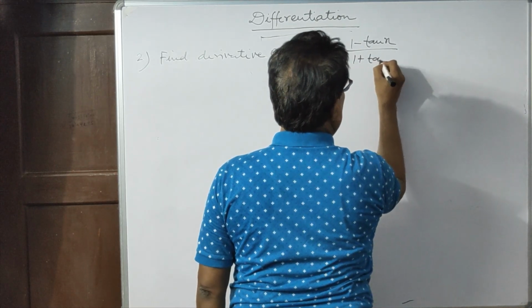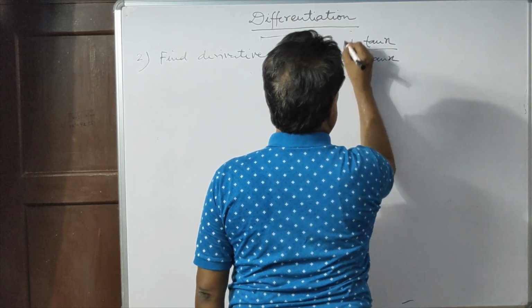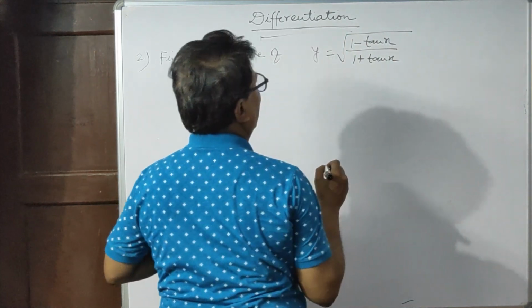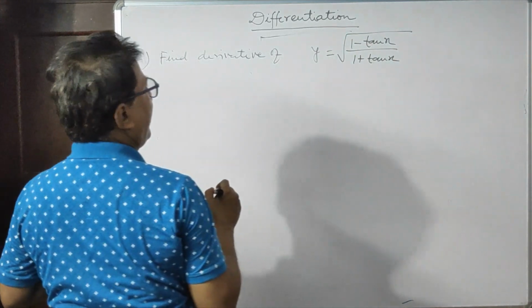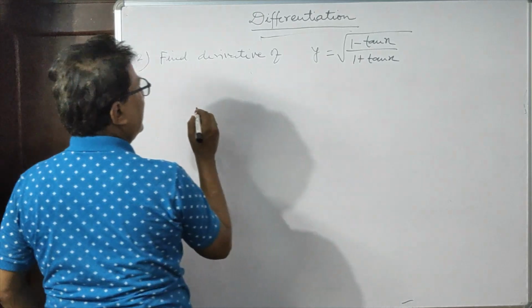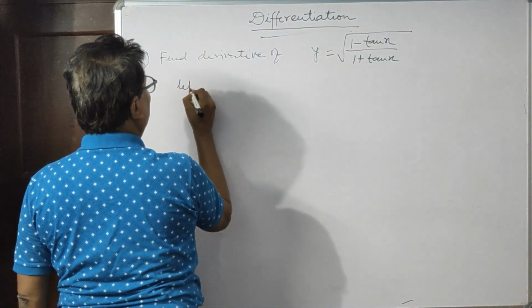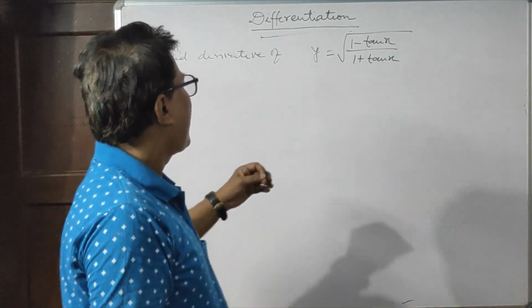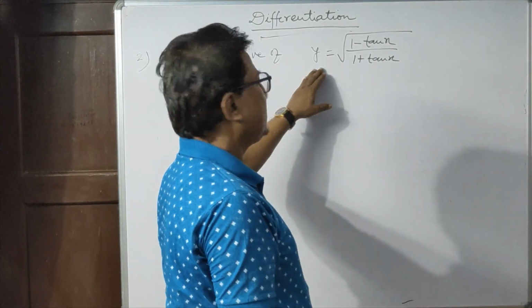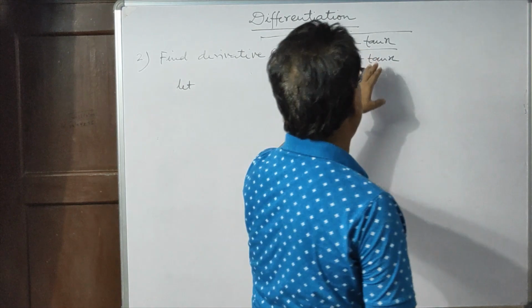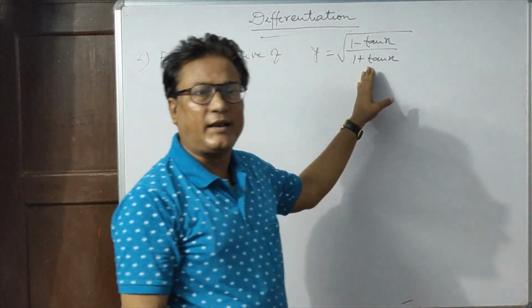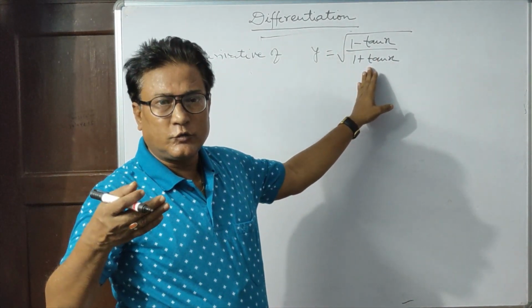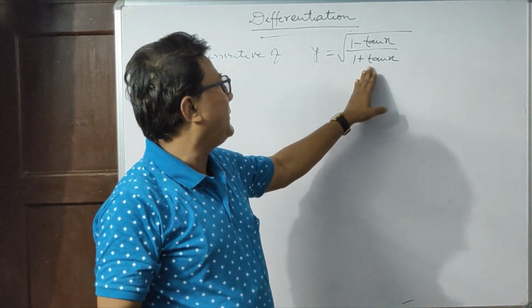Let us derive this. This is the equation: y is equal to root of 1 minus tan x divided by 1 plus tan x. So how can you solve this problem?